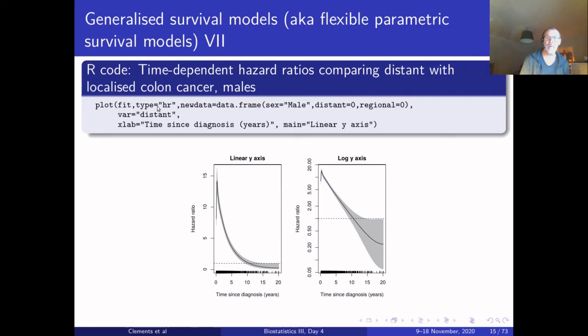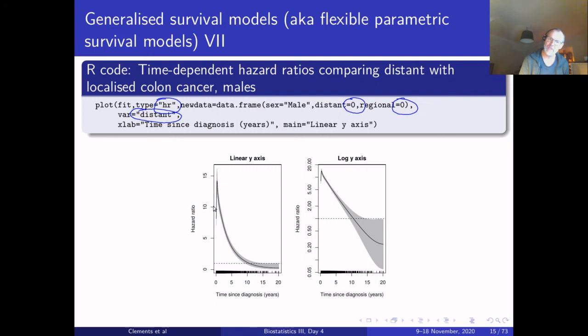Now, the beautiful thing here is we can also fit a time-dependent hazard ratio, comparing distant with localized colon cancer. And this will actually be true for both males and females, because it was a main effect for sex. So then we get a hazard ratio out. The baseline is localized, and then we increment the variable for distant, so this will go from 0 to 1.